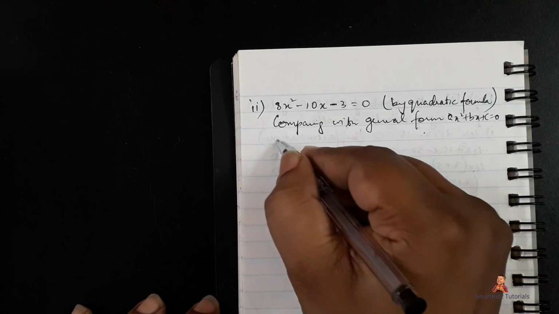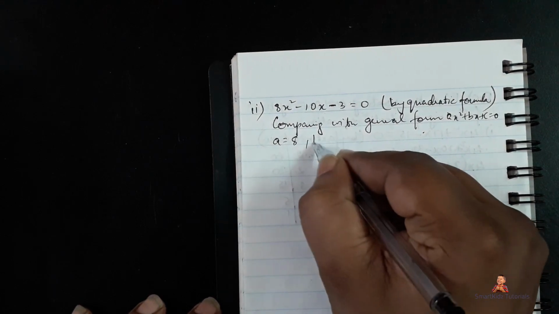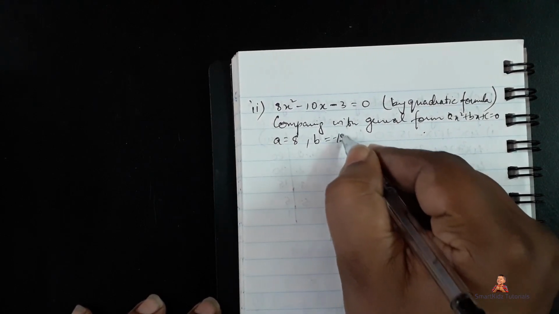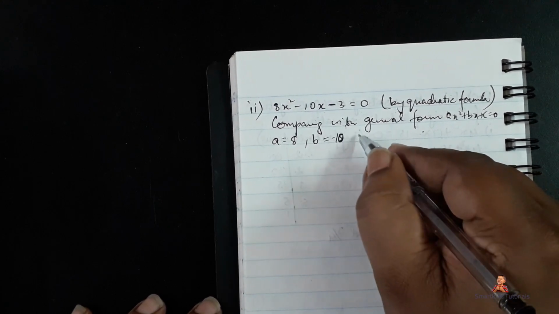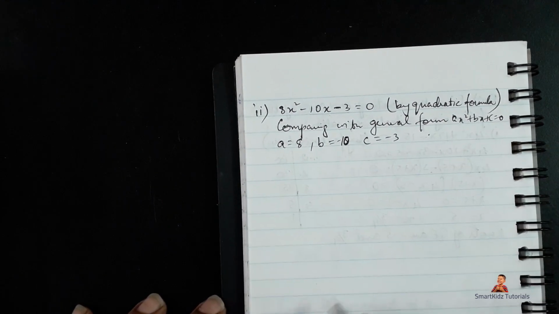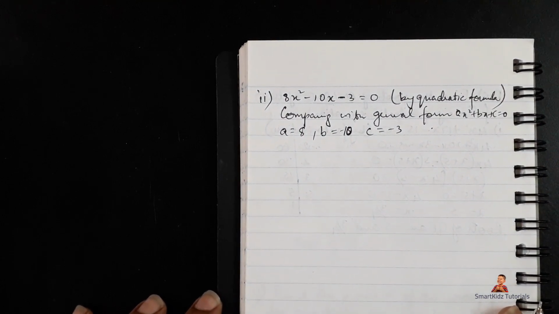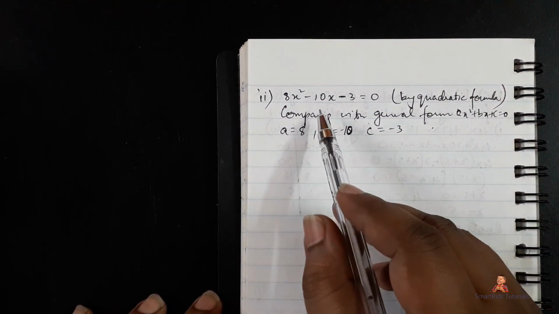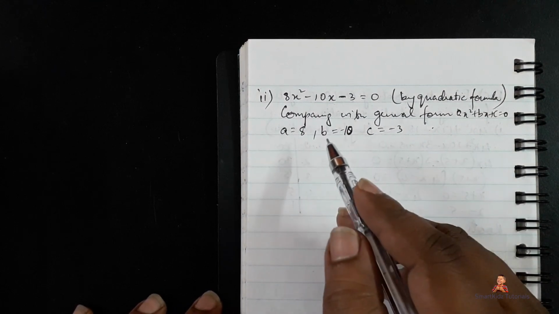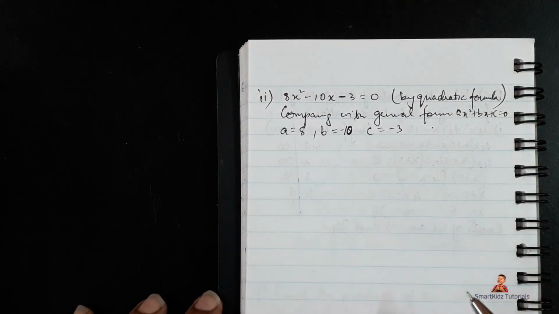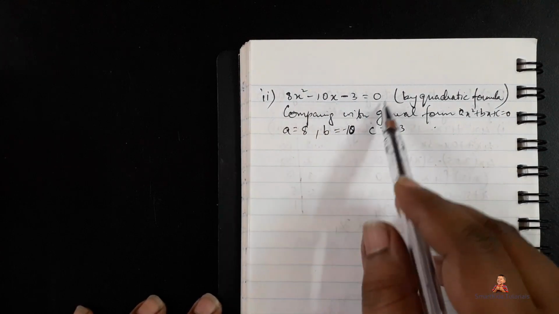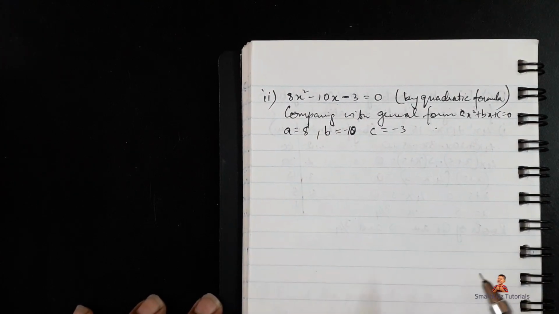We will get a equal to 8, b equal to minus 10, c equal to minus 3. Before we proceed to finding the roots, we need to find out whether the discriminant is equal to 0, less than 0, or greater than 0. This is to find whether the given quadratic equation has roots or not.